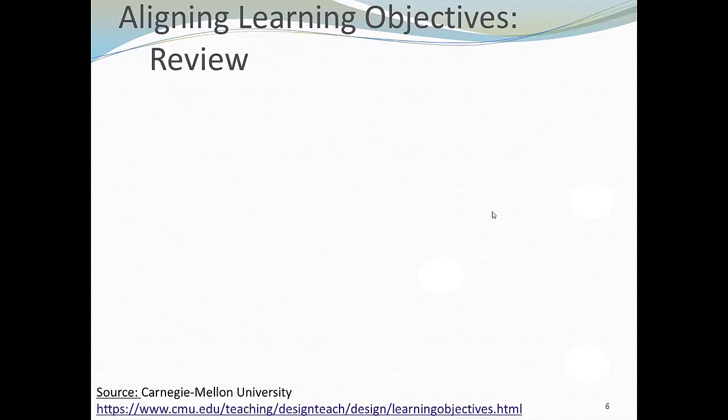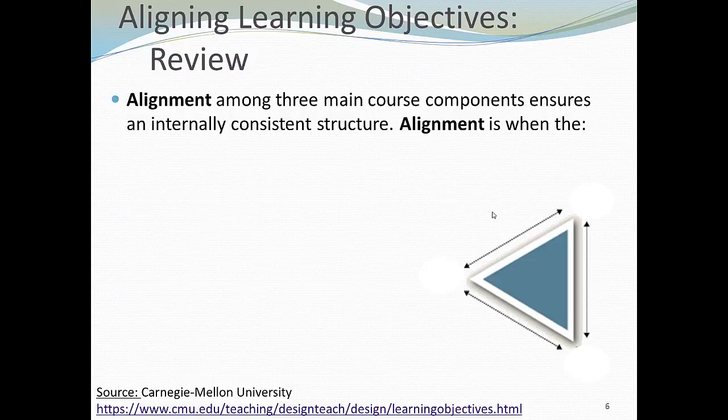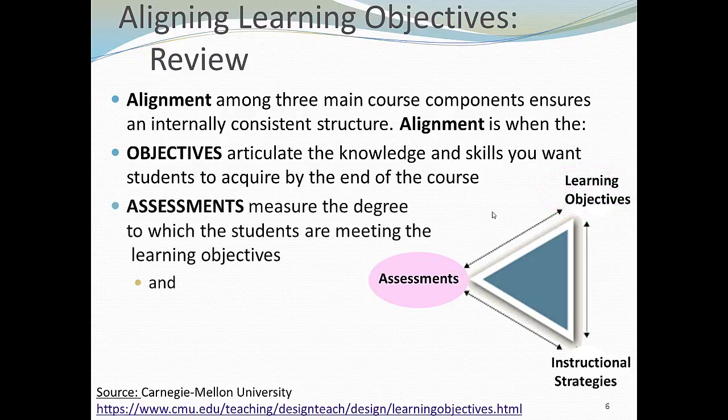So I just want to review, we touched on this back in session 2 in writing learning objectives, the concept of alignment and why it's important. You want to align your learning objectives with your instructional methods and strategies and with how you test, the assessment piece.